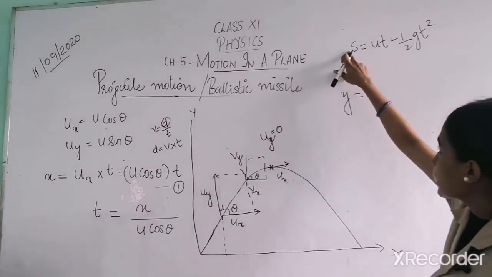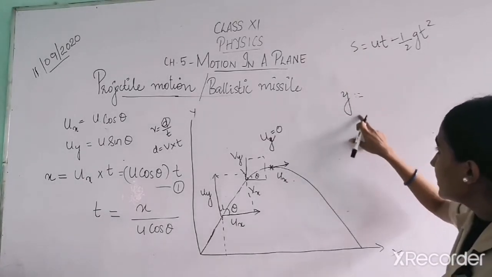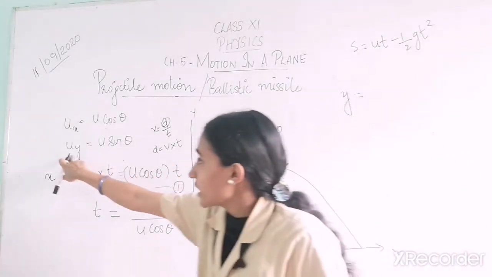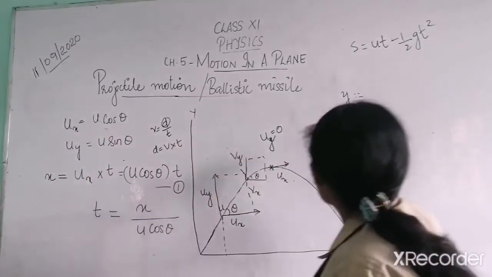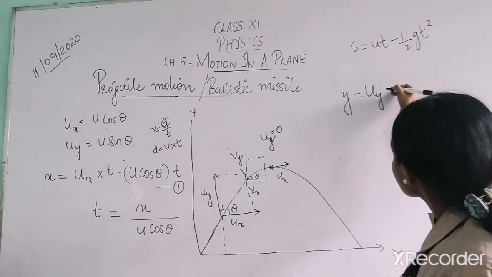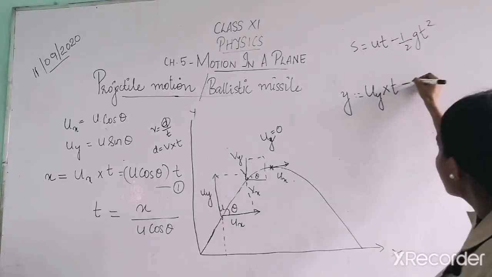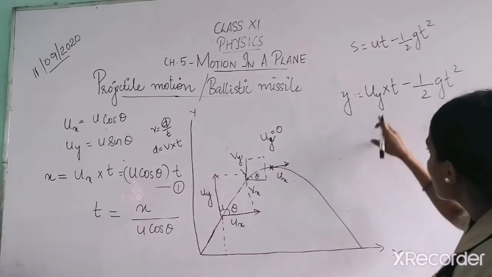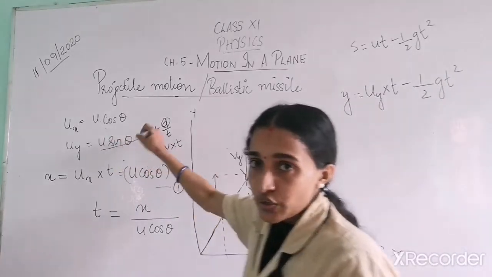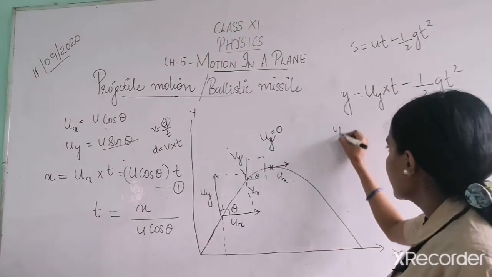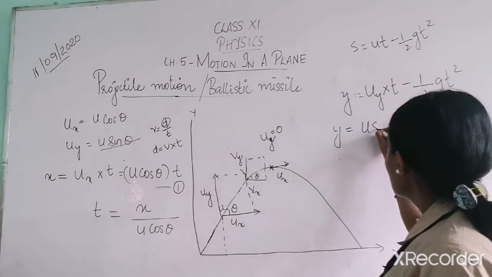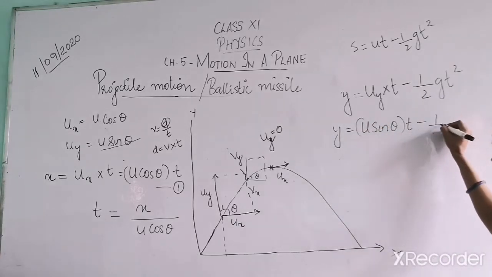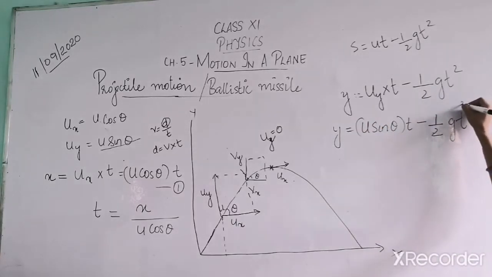Now according to this equation, instead of S I write vertical displacement y, and u will be the vertical uy, so y equals uy into t minus half g t square. Now instead of uy you have u sin theta. So y will be equal to u sin theta into t minus half g t square.